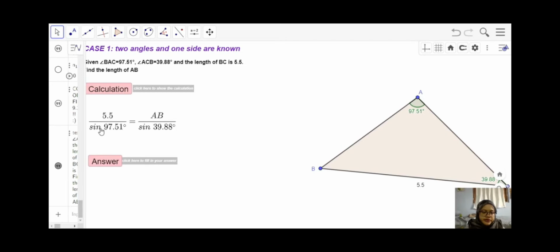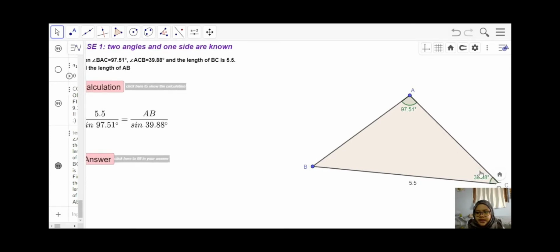So we substitute in the formula: 5.5 over sine 97.51 equals, this one we want to find AB. For AB, the opposite angle is 39.88. So we have AB over sine 39.88.